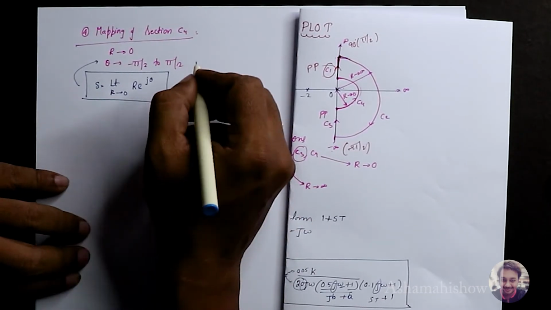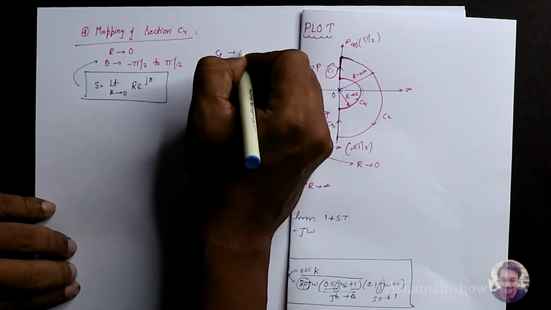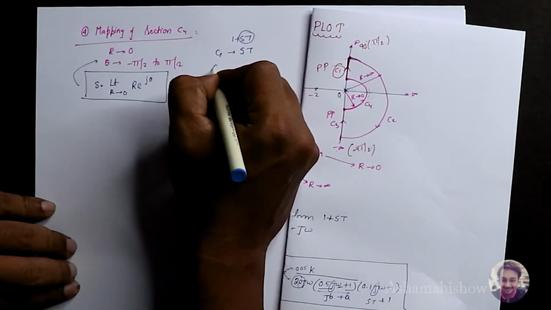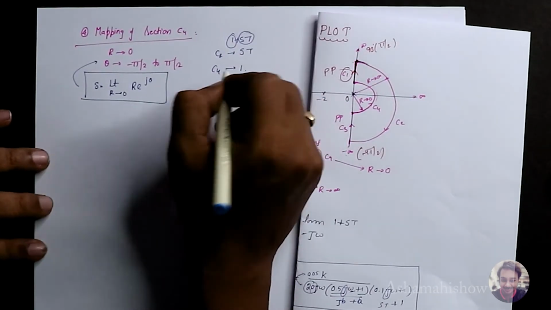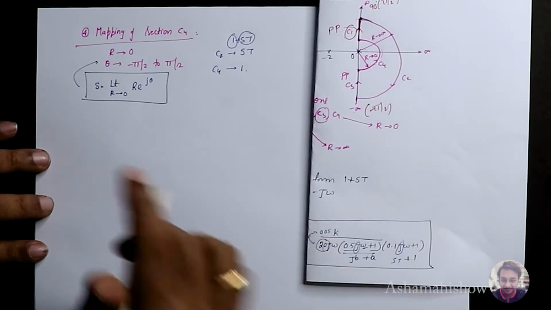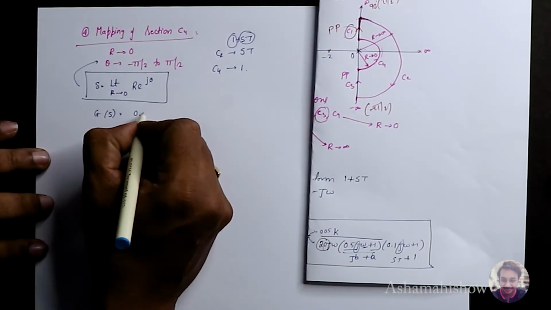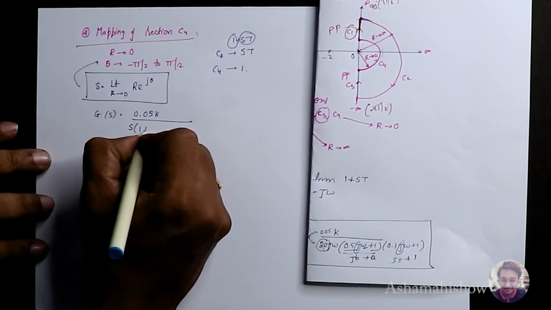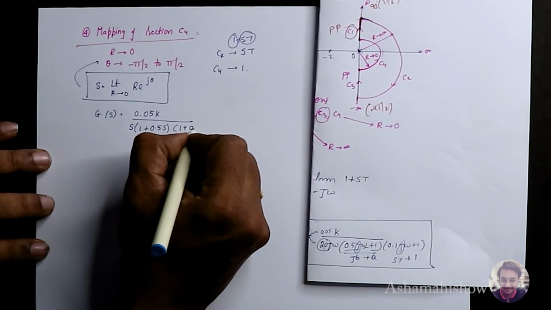Here for C2 we have considered the ST part, right? In 1 plus ST we have considered ST. So for C4 you need to consider only 1. From our transfer function, what we have solved is s into 1 plus 0.5 s and 1 plus 0.1 s.